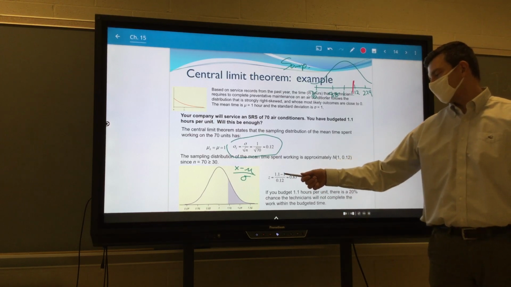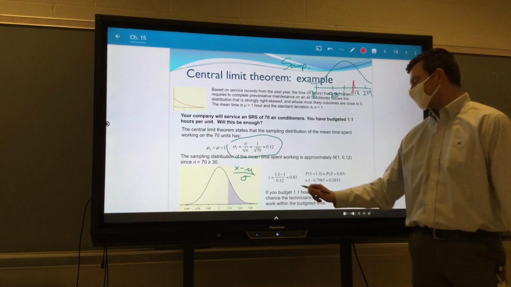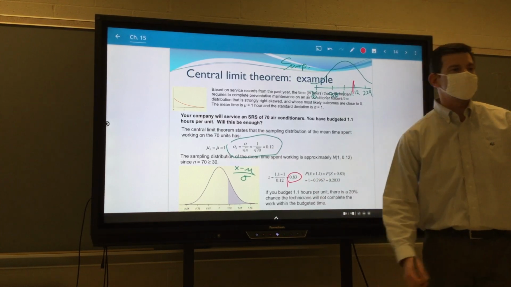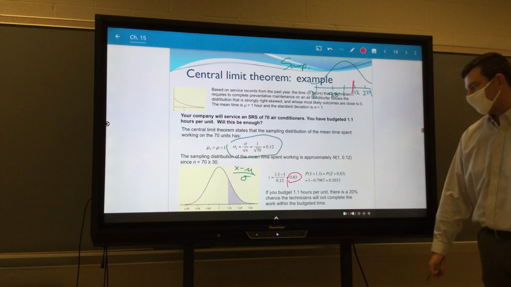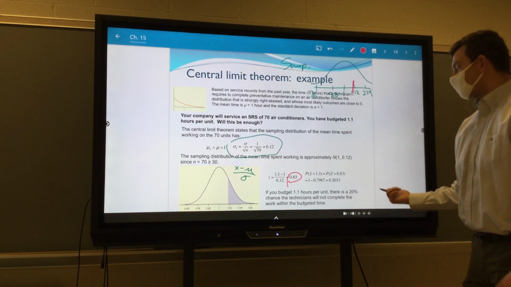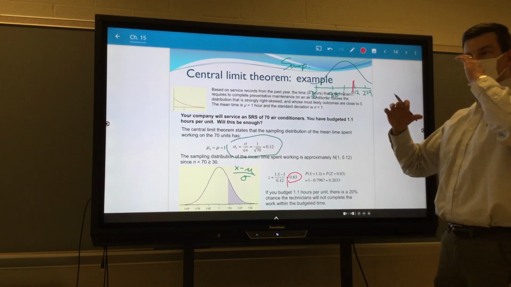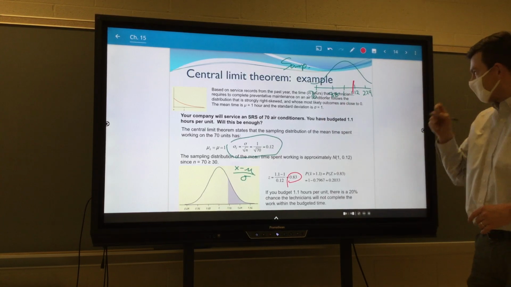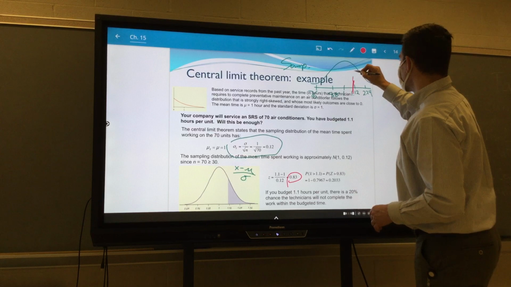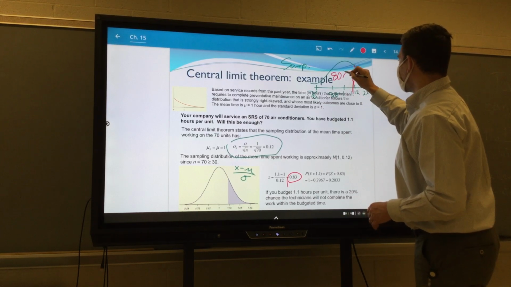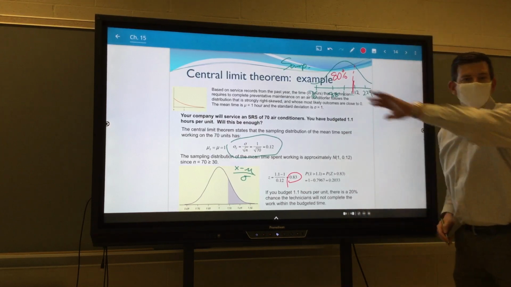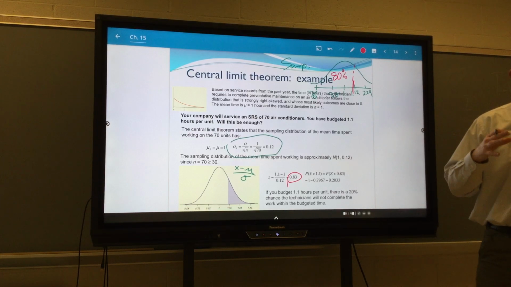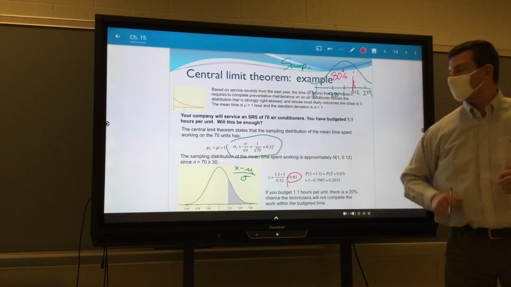So we work this z-score equation out. If we're doing it by hand, we are 0.83 standard deviations above the mean, which we could look up on our chart or let the calculator, GeoGebra, do this calculation for us. We have about 80% of our service calls will take less than that amount of time for our sample of 70 air conditioners.